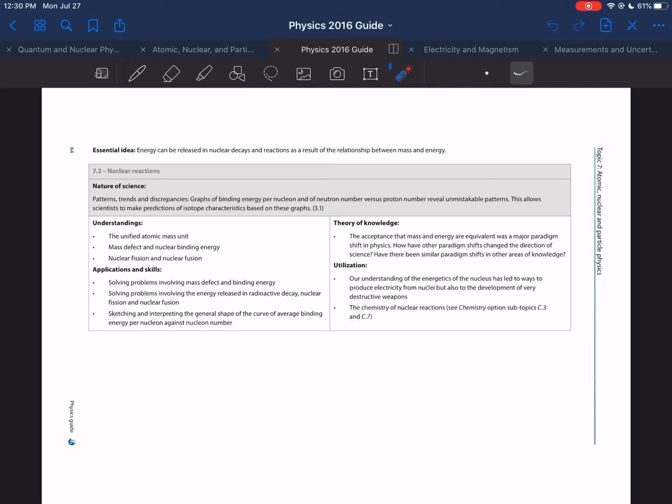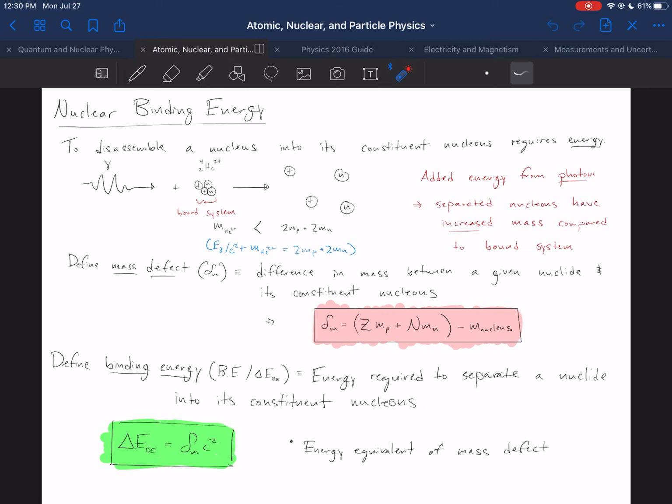Hello everyone. In this video we will continue to examine topic 7.2 nuclear reactions, and in particular we will continue to unpack the concept of nuclear binding energy. In the last video we walked through how the nuclear binding energy was defined and exactly what kind of energy it corresponded to.